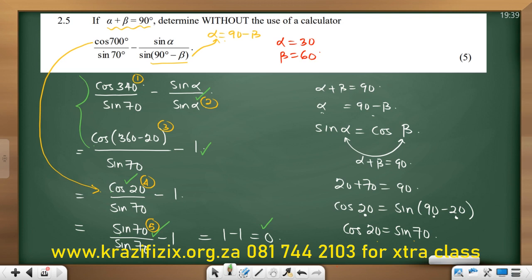Yes? What if you changed to cos 20 and not sine 70? Would it be the same thing? Yeah, sine 70 is the same thing as cos 20, so you can change your denominator. Is that what you're asking?